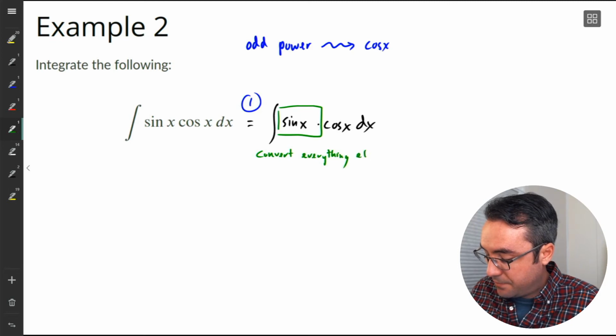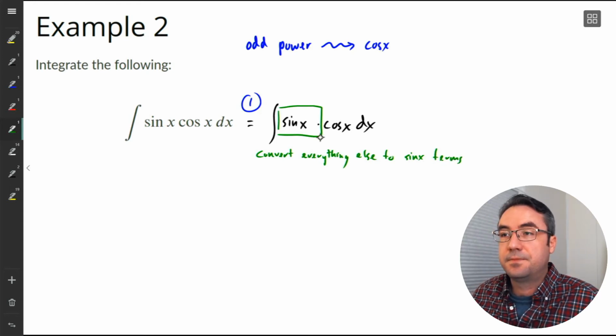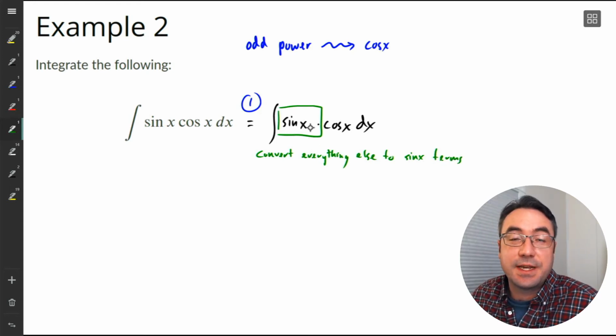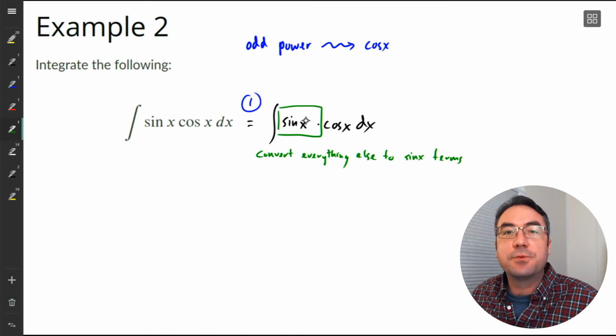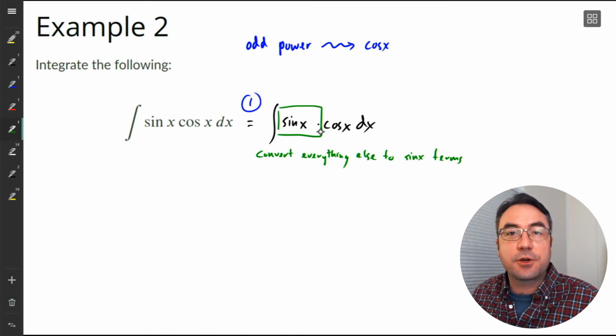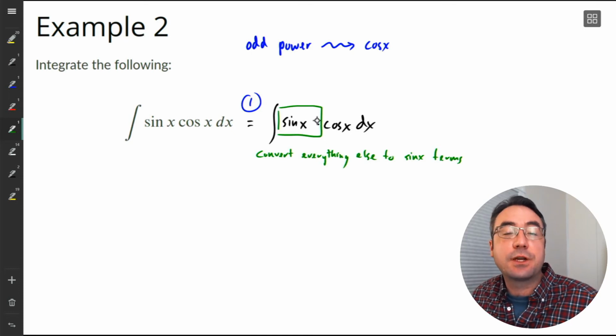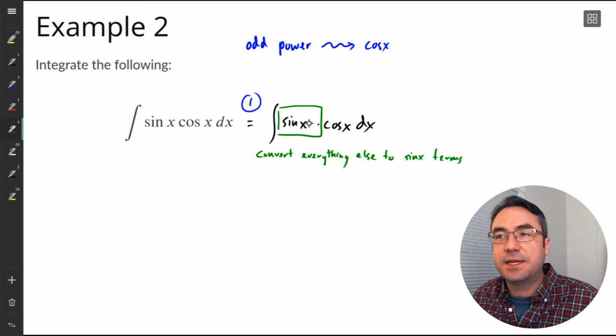Now, this is already done for us. All we have there is a sine term. So there's really not much we need to do here. But if there were other terms here, other cosine terms, we would have to use our trig identity to get rid of them and convert them into sine terms.